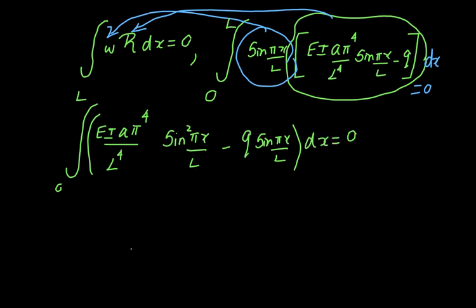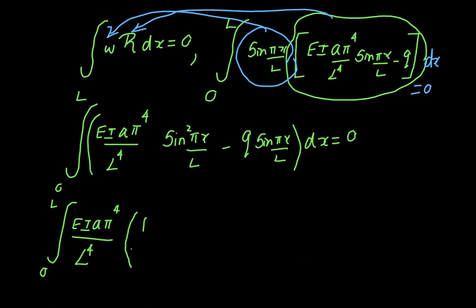In the next step, it is integral over the limit 0 to L. It is EI into a into pi raised to the power 4 over L raised to the power 4. Sine square theta can be written as 1 minus cos 2 theta whole divided by 2. Don't ask me how, because I don't have the energy nor do I have space on this open board to prove this. But you just have to believe that sine square theta is 1 minus cos 2 theta whole divided by 2.